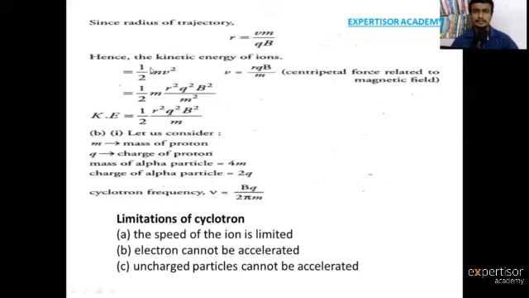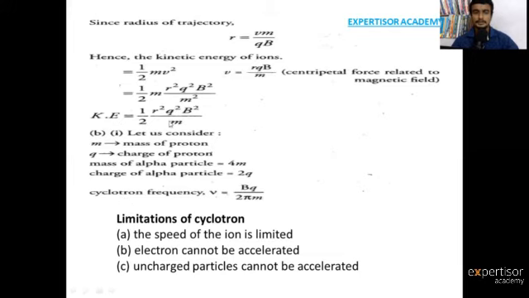From the kinetic energy formula, half m v square, after substituting this V value, we get the relation r square q square B square divided by 2m. For alpha particle, mass is 4m, charge is 2q. After putting these two values, this relation converts.